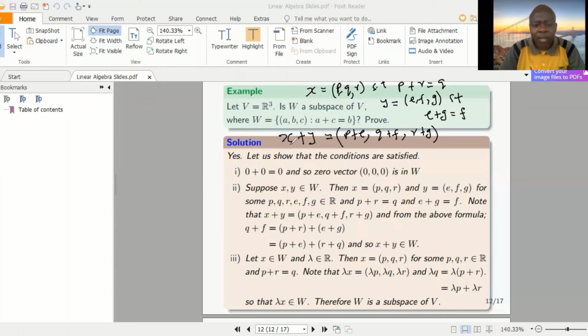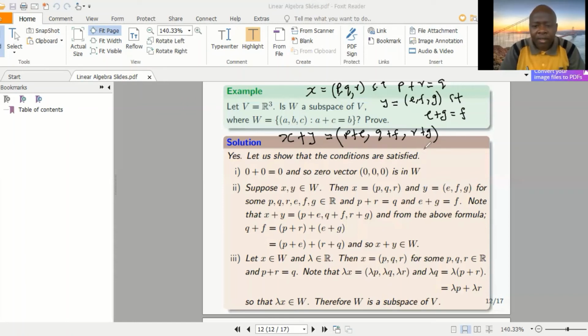For me to show that X plus Y is in W, I need to show that the sum of the first element and the third element gives me the second element. That's what I need to show. So let me begin with the second element.